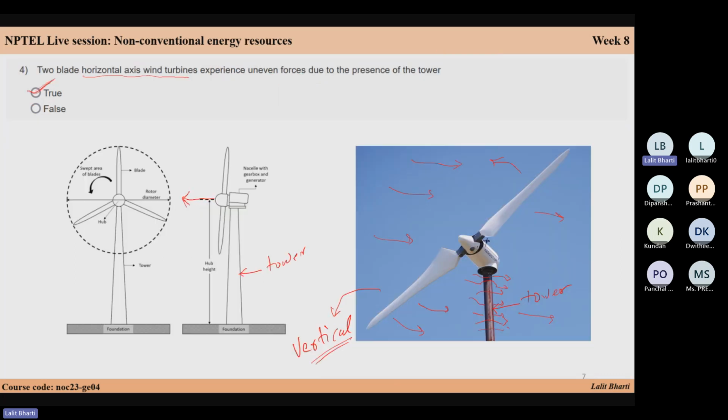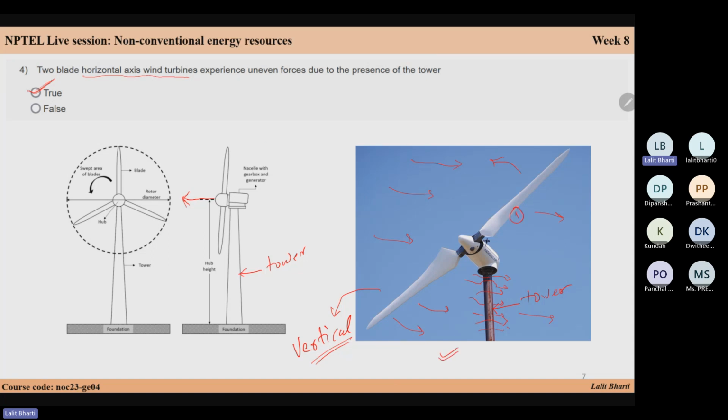Then we go to our next question. This question is again on the horizontal axis wind turbines. The question says, a two blade horizontal axis wind turbine experiences uneven forces due to the presence of the tower. So this is the example of your two blade design.